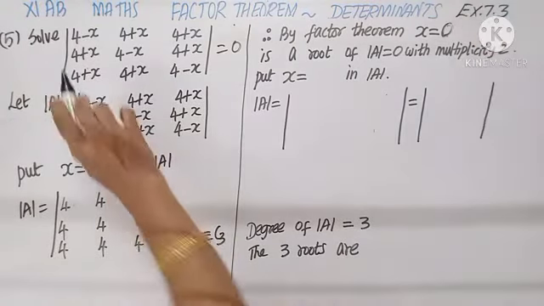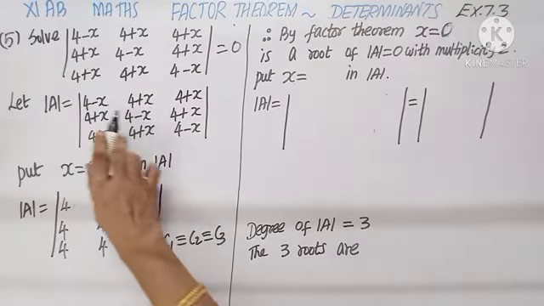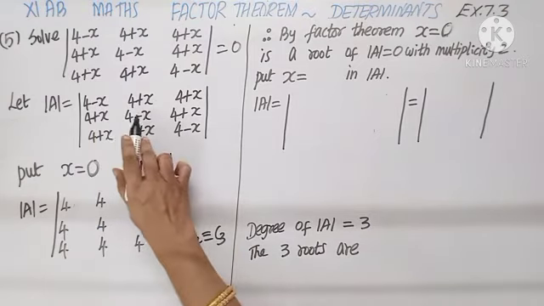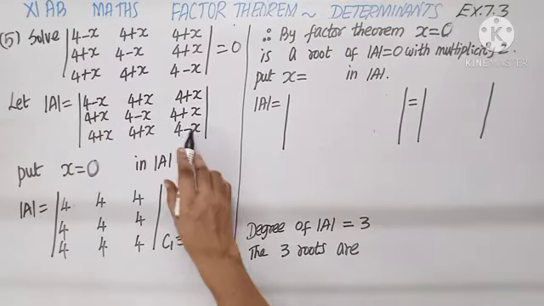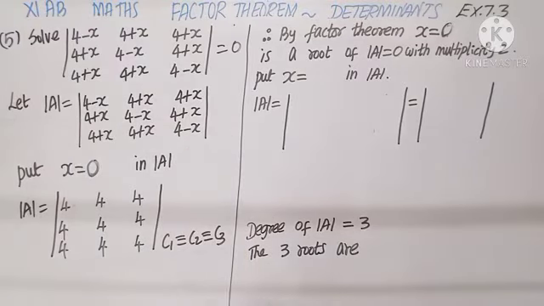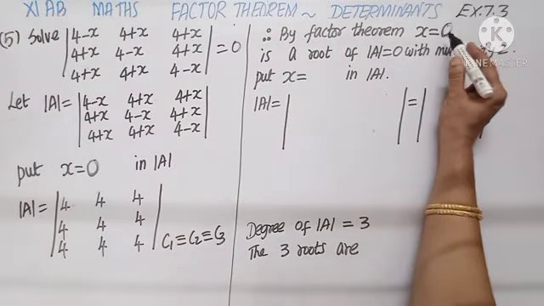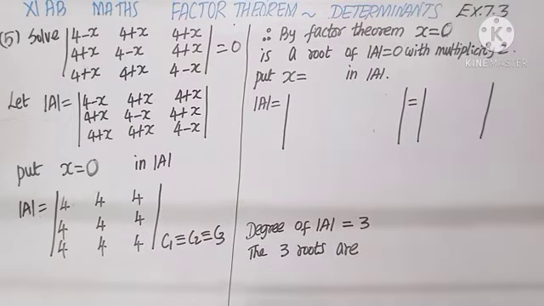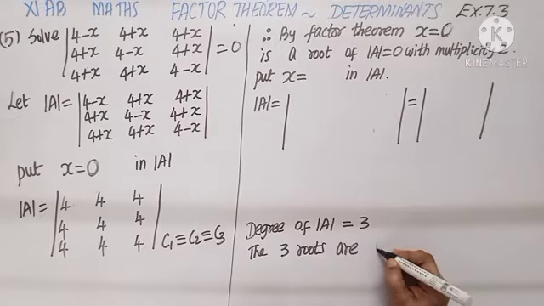What is the degree of the determinant? As I multiply x into x into x, x cube will come. So the degree of the determinant is 3. I must arrive at 3 roots. Here I got 2 roots, 0 and again 0 because the multiplicity is 2. Now I need to find out the third root.